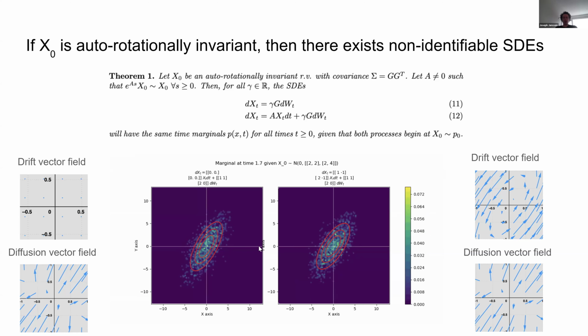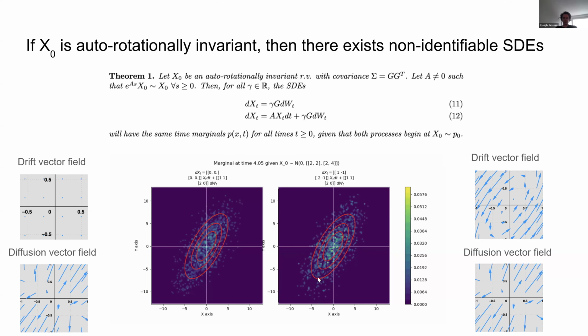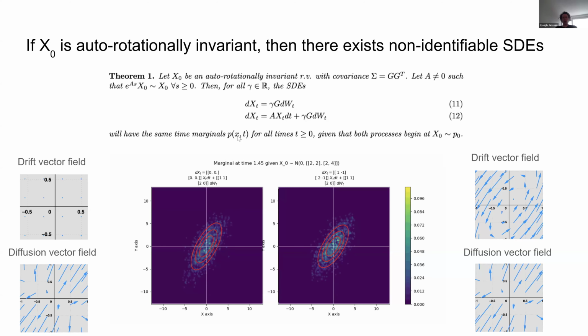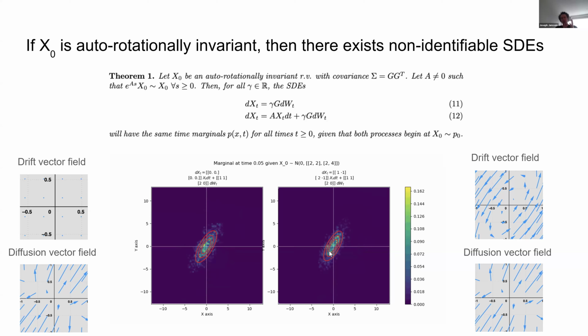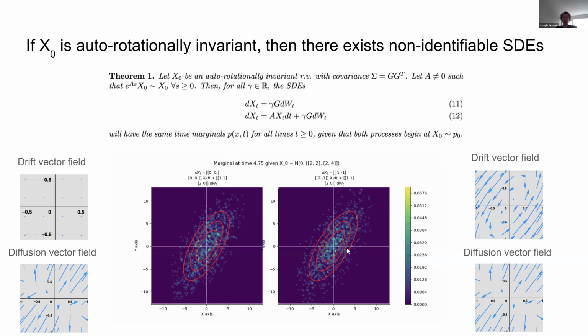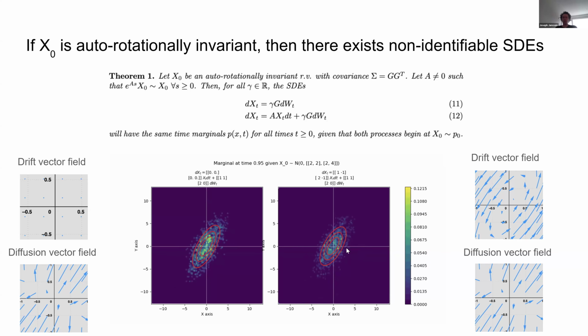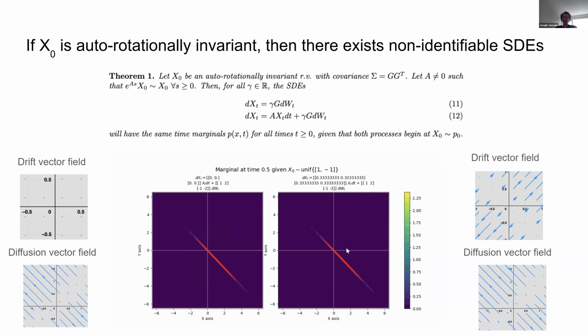These are more general examples of our first examples, where we show how this autorotational invariance leads to non-identifiability. These elliptical distributions, one is not rotating and the other is rotating, but you can't tell the difference because it's rotating with respect to its covariance. And similar with this one.